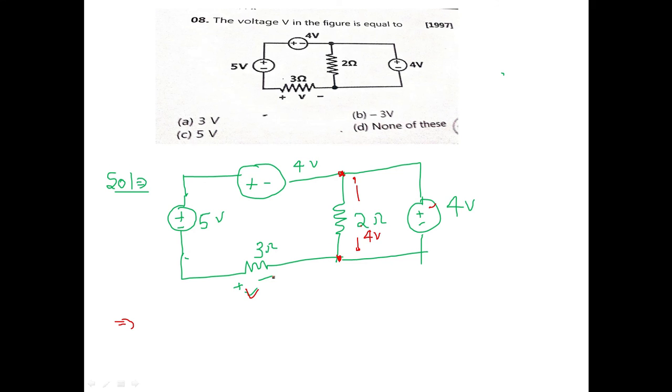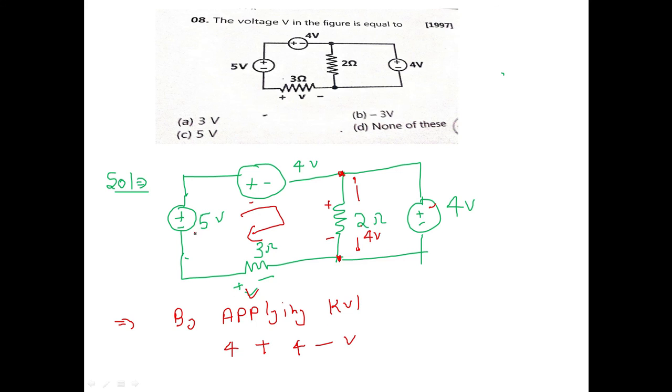Now let us apply KVL across this mesh, over this loop. So by applying KVL, if we start from here, going from positive to negative, that is 4, then again positive to negative, that is again 4, then negative to positive, the negative terminal arises at the first instant, so we take it as negative.